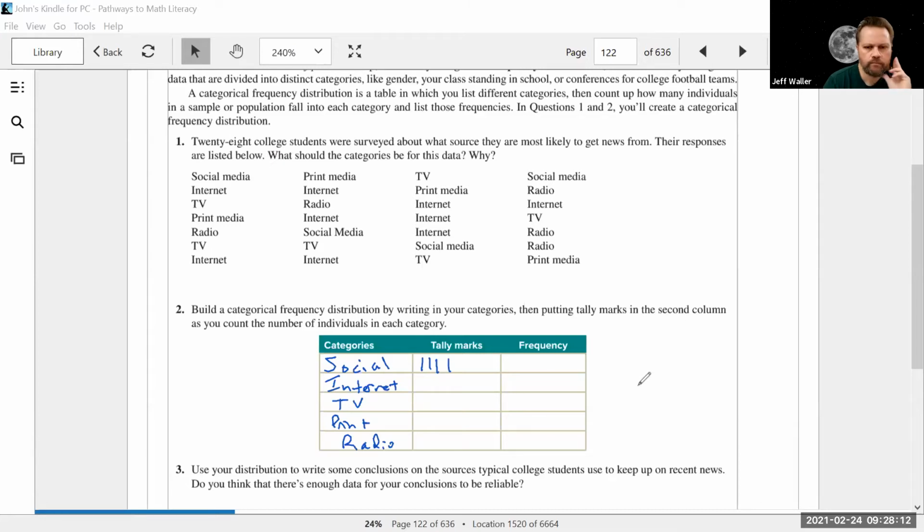Sorry, what are we finishing off? Yeah, you're finishing off the little tally marks. So for example, internet, I see one there, and then another one, right? Okay, thank you. Sure.